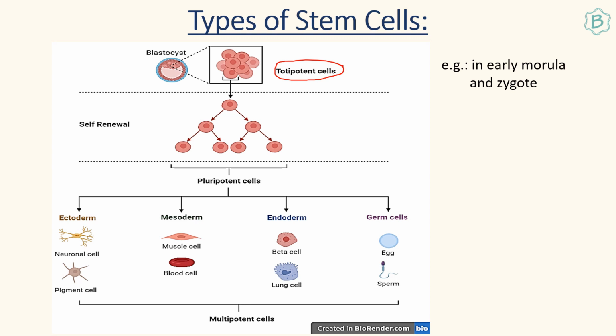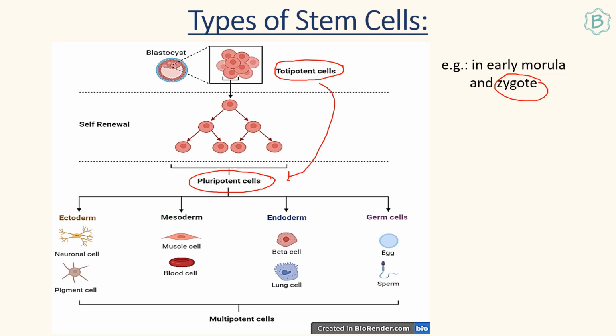So the zygote, if you remember, is produced after fertilization takes place. After your fertilization has taken place and your zygote has formed, 4-5 days after that, this totipotent cell will further differentiate to form a second type of stem cell, which is known as the pluripotent stem cells.